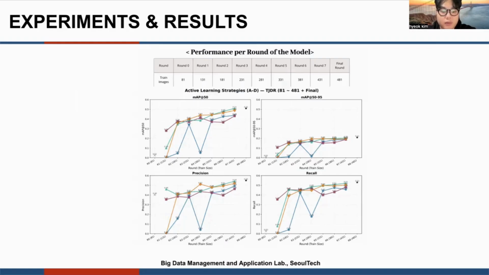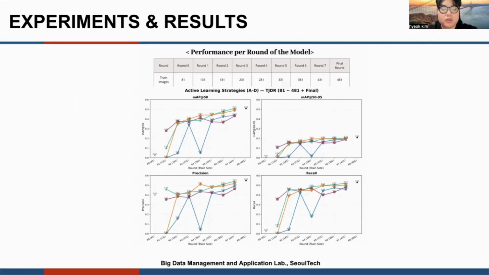In terms of mAP 50, random sampling initially boosted performance quickly due to its diversity. In the later rounds, however, hybrid and Monte Carlo dropout strategies converged to higher final accuracy. From the precision and recall analysis, hybrid and Monte Carlo strategies achieve the highest precision by reducing false positives, and recall showed a similar improvement pattern.